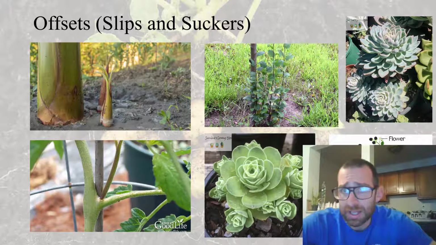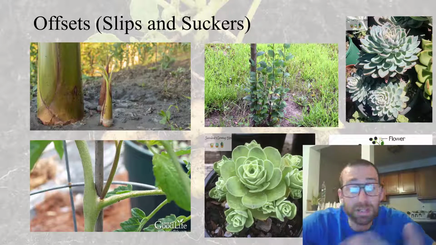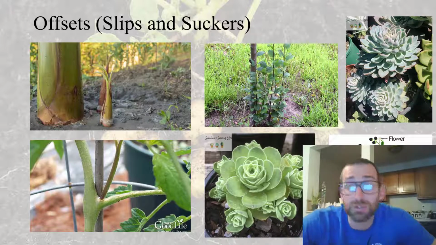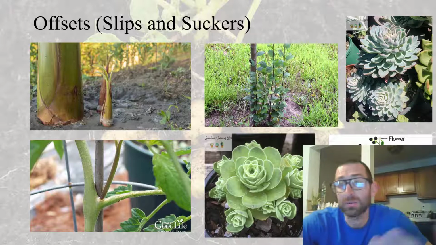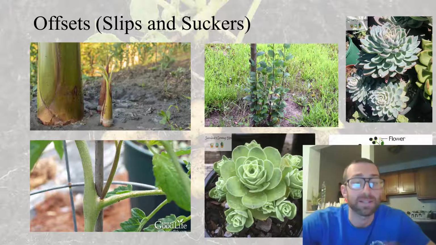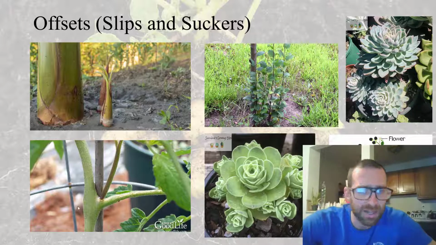If we are looking at some succulents, here are two different examples, and you see these what essentially look like miniature versions. They are miniature daughter versions of the mother plant that develop at the base of our succulents. Again, these could be removed and repotted, and they will develop into new plants. Here we have a tomato sucker.